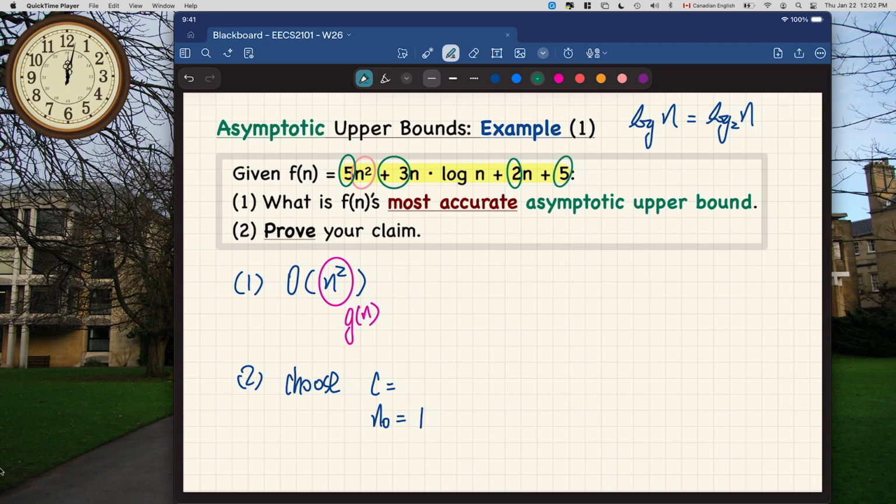So there's no tricky thing about the multiplicative constants, just all positive. But to be very faithful to the theorem, let's put the absolute values anyway, to be very explicit. So we can say it is 5 plus 3 plus 2 plus 5, 15. Just happens to be the same as before. Doesn't need to be, right? Just happens to be. All right, and the n0 will be 1. So now we got to verify.